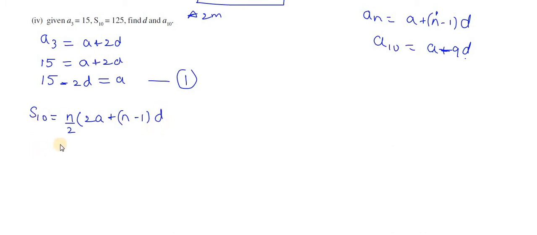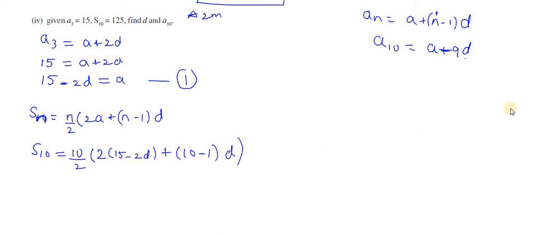S10 is nothing but, n value is 10, so S10 is equals to 10 by 2 into 2 into A value, which is 15 minus 2D, plus (10 minus 1) into D. Here also we don't know the D value, but from this we can find it.